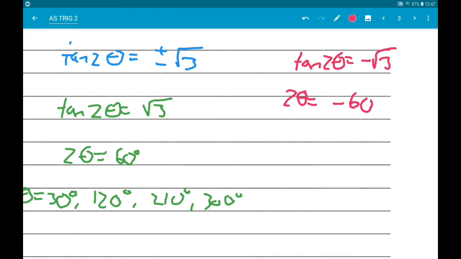Now that would lead us to theta is minus 30. But that's not in our interval.